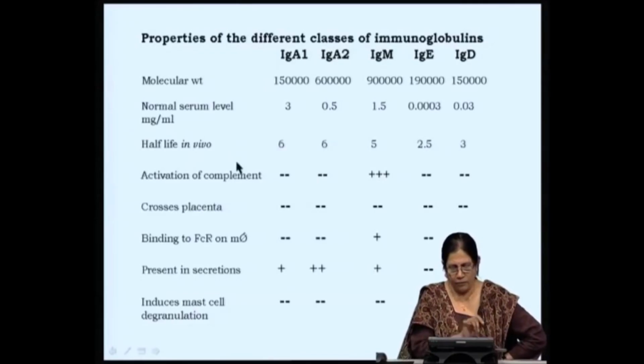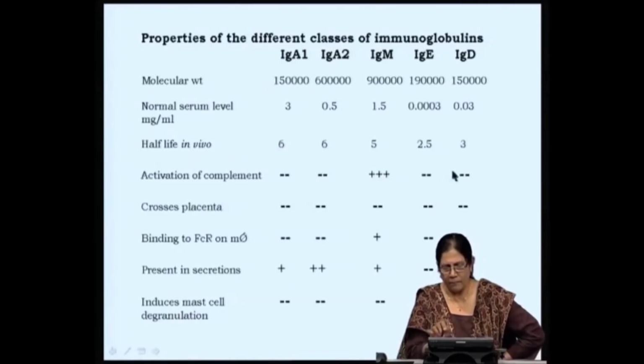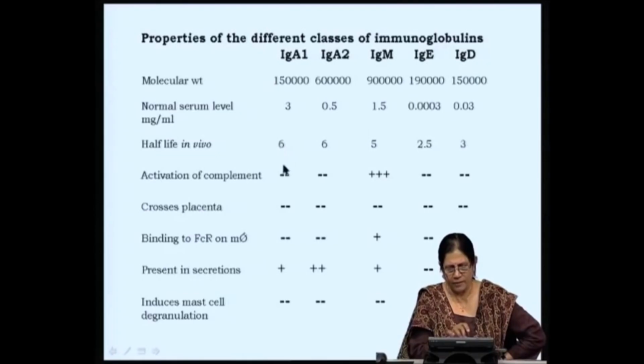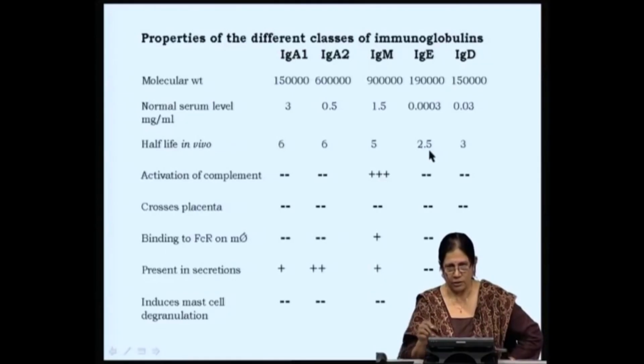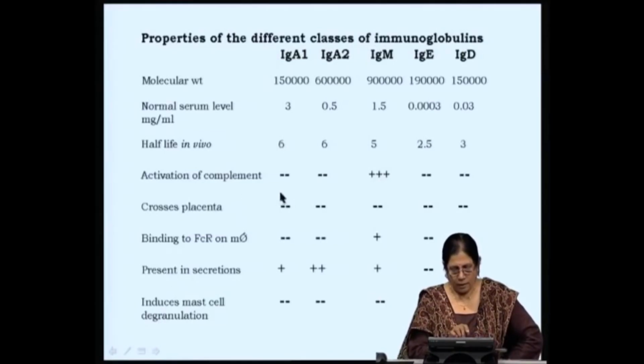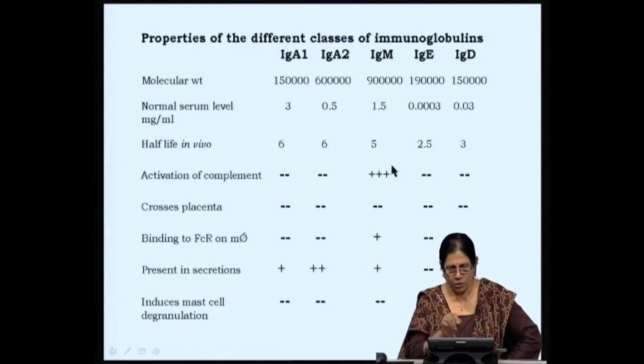Half life in vivo, all of them have much shorter half lives than IgG, which I told you is 23 days. These are only maximum 6 days, and IgE is only about 2.5 days in circulation. But remember, on the mast cells it is a few weeks. Activation of complement, only IgM can activate complement from this group.